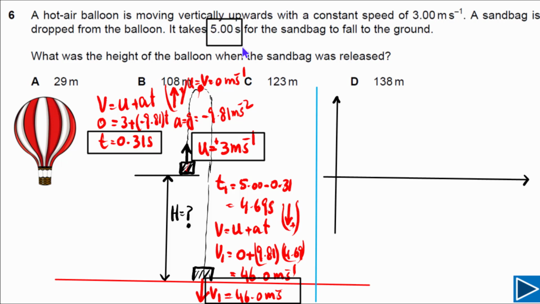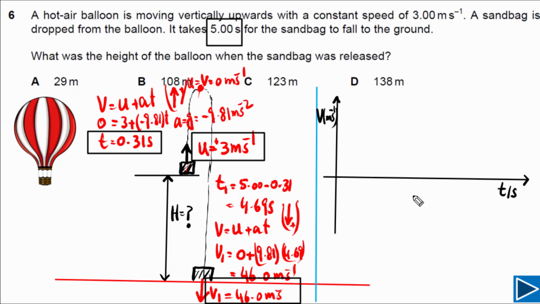In this case, the total time for the sandbag to go from the point of release to the maximum height and come back to the ground is 5.00 seconds. Now let's sketch velocity on the y-axis in meters per second, and time on the x-axis in seconds.